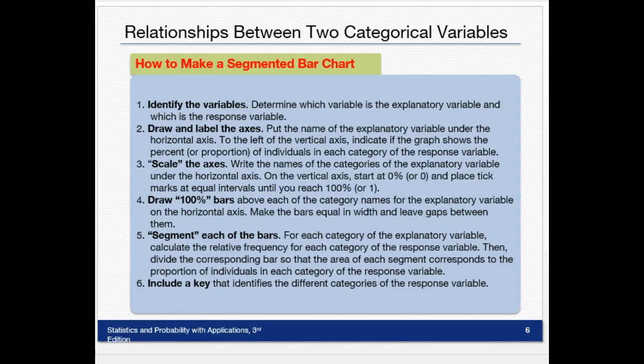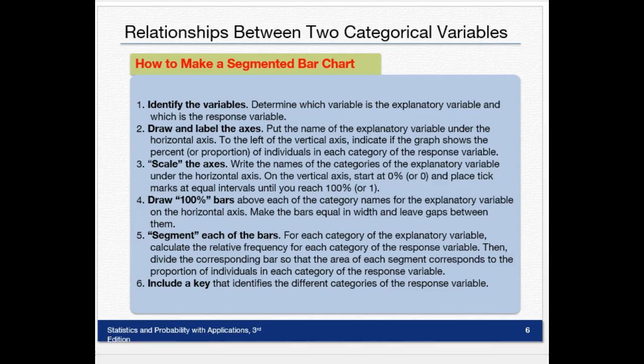You're going to draw 100% bars above each category of names of the explanatory variable on the horizontal axis. Make the bars equal in width and leave gaps between them. Make sure they don't touch. Segment each of the bars. For each category of the explanatory variable, calculate the relative frequency for each category of the response variable.